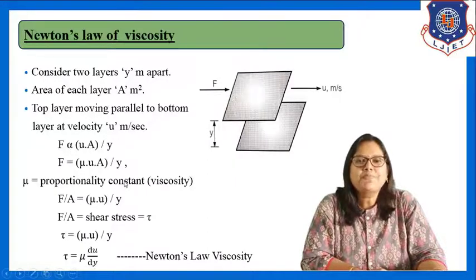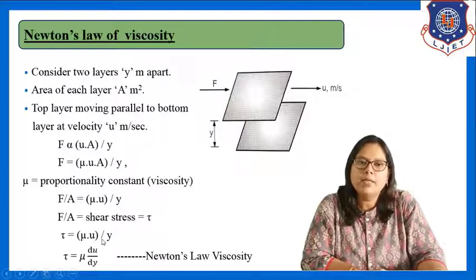So I can write this equation as F by A, taking A on this side, equals mu u upon y. This F by A is replaced with tau, and tau is known as shear stress. So tau equals mu u upon y.